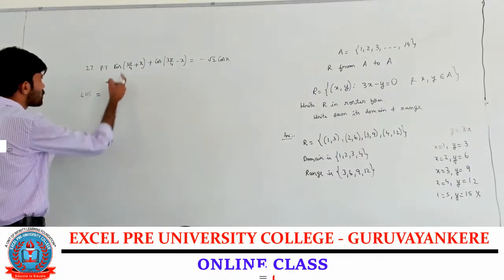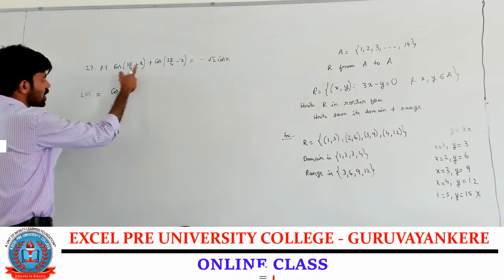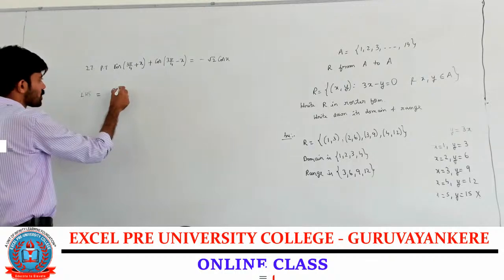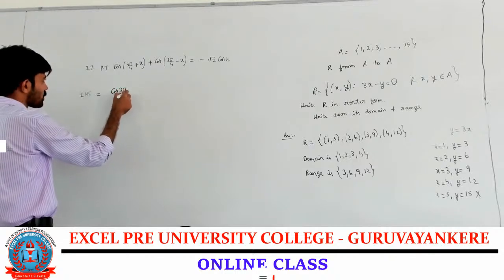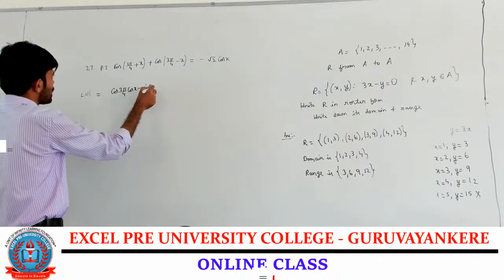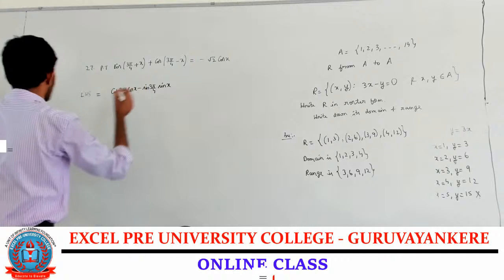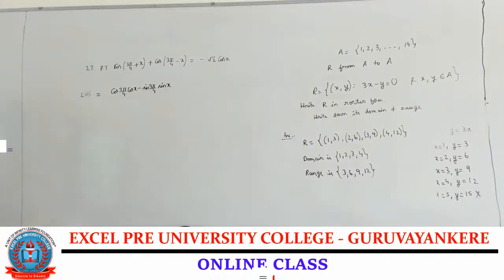LHS is cos of (a plus b), which is cos a cos b minus sin a sin b.